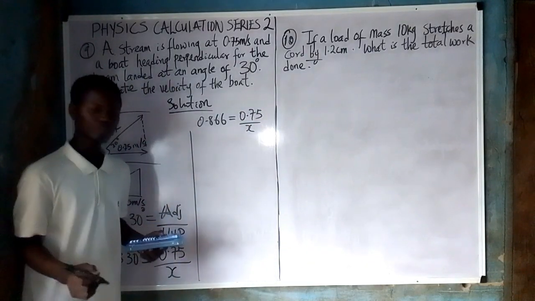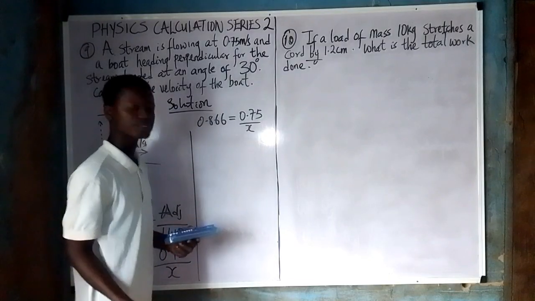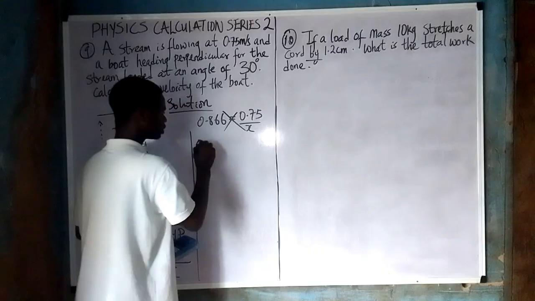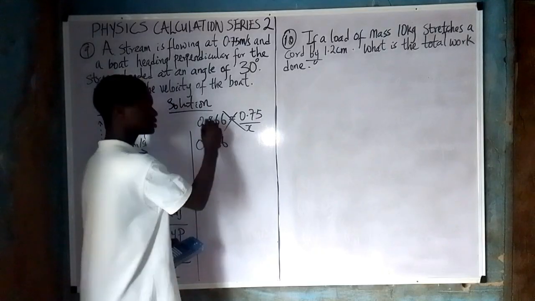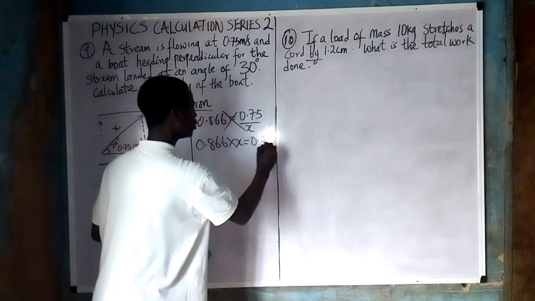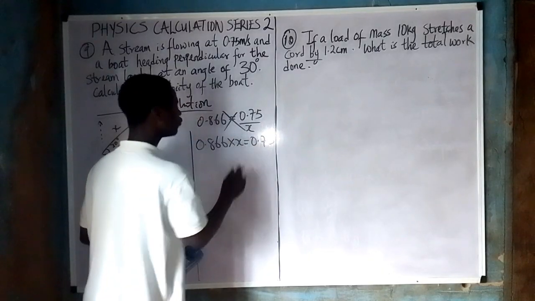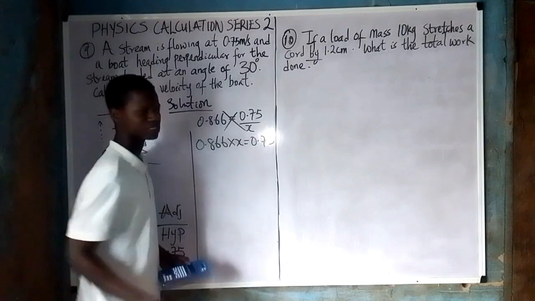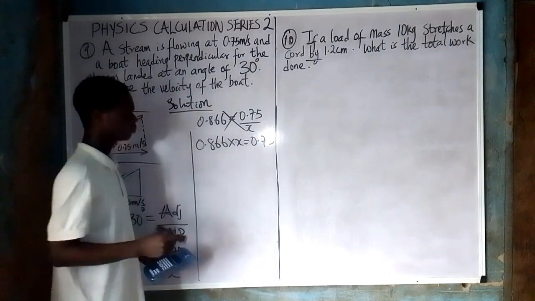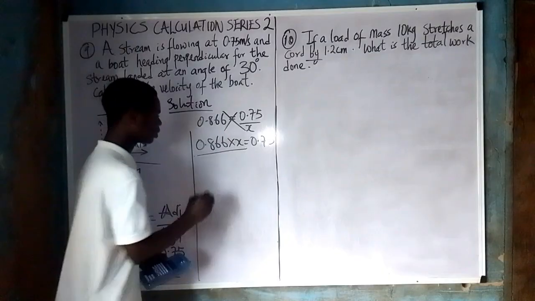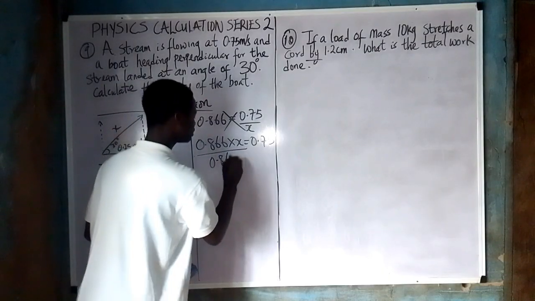Now what are we looking for? We are looking for x. So we have to make x the subject by cross multiplying. What would that give us? 0.866 times x is equal to 0.75. So from here what will happen? We are trying to get a value for x. So to make x stand alone, divide both sides by what is attached to it. And what is attached to x here? You have 0.866.